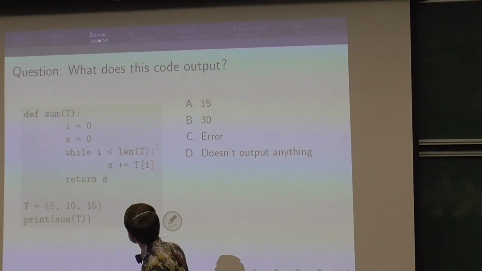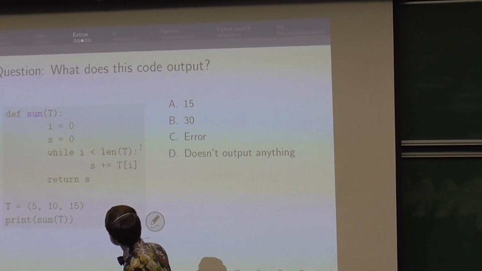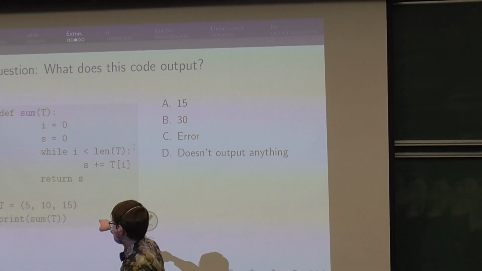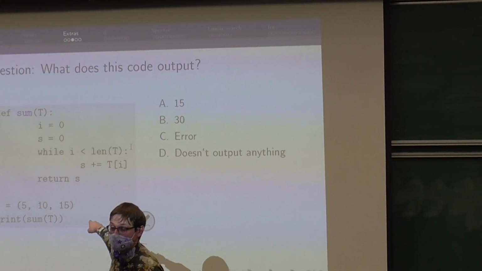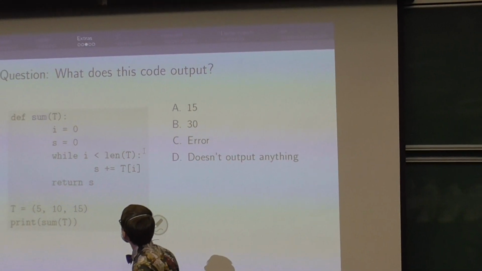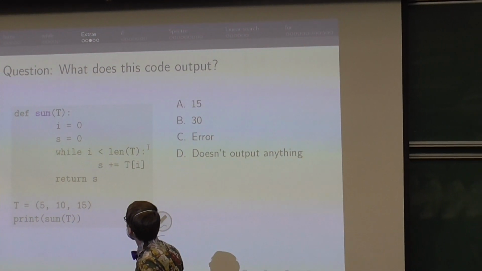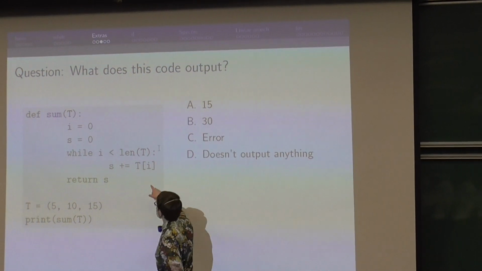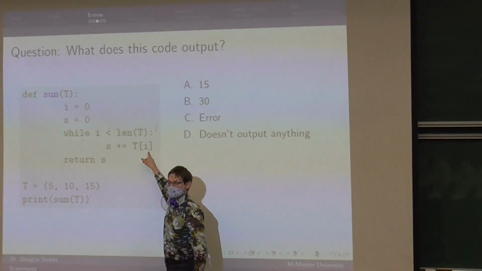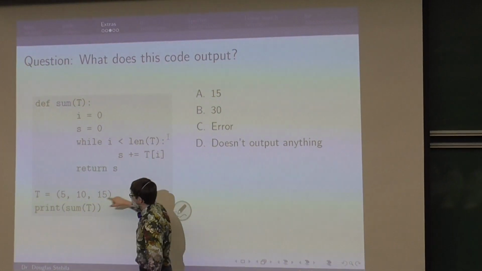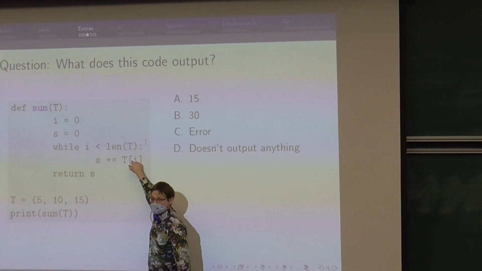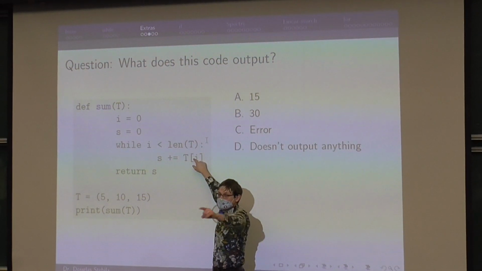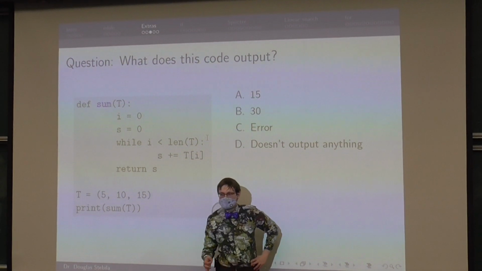Well, i is less than the length of T. Oh wait, i is 0, and the length of T in this case will be 3. So it's less than the length of T. And then s is we add i to T. Nope, this is indexing. We get the index of i. So the first iteration i is 0, will pull this guy up, so it'll be 5. Does this change your answer? No, but I thought it was doing something else. Okay.